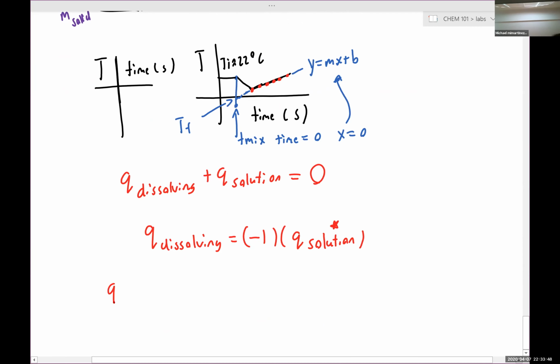So for Q dissolving, it's going to be equal to -1 times Q solid plus Q water.